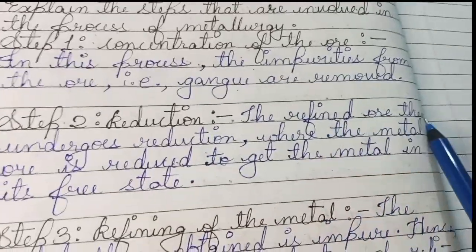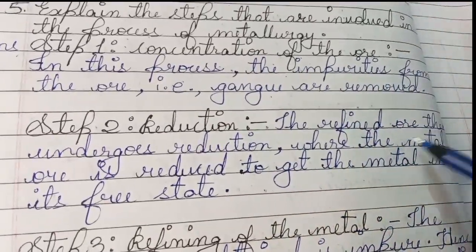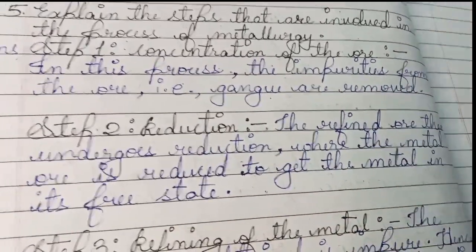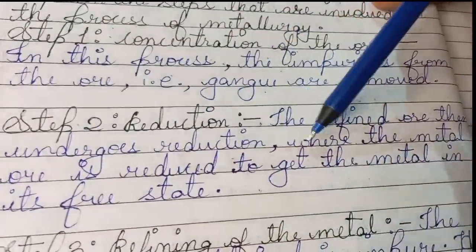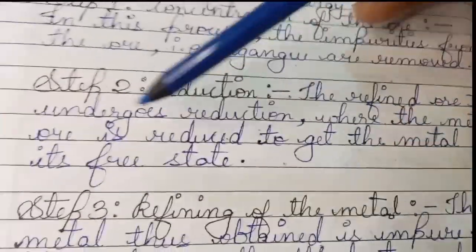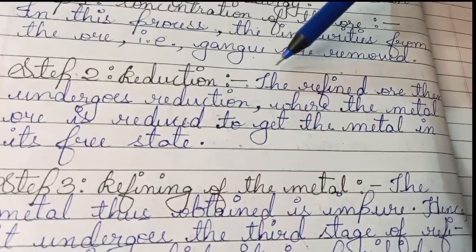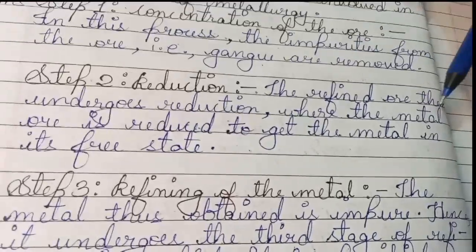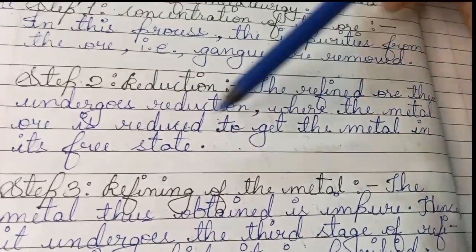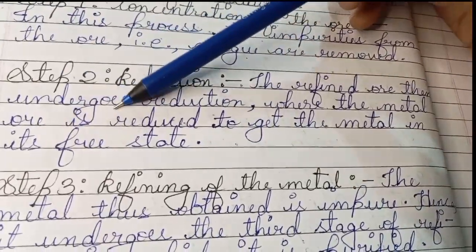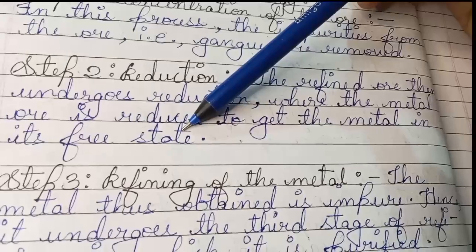The refined ore then undergoes reduction where the metal ore is reduced to get the metal in its free state.